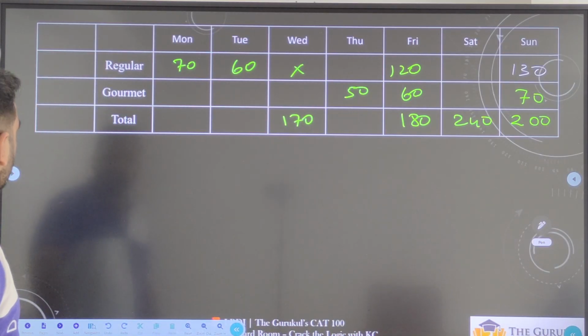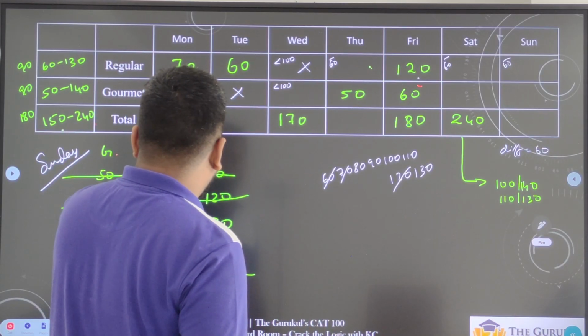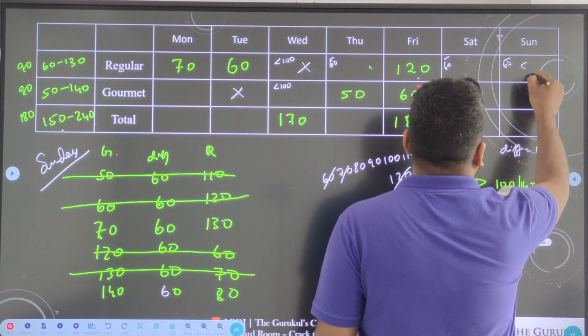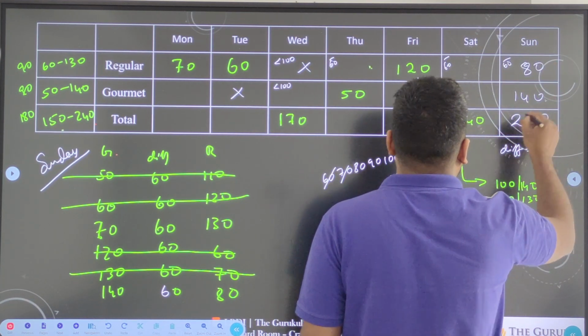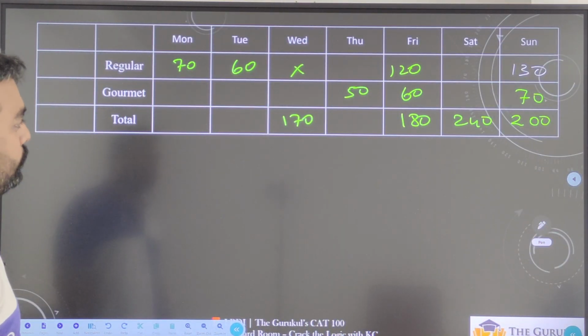These are the two different cases, and in this case let us write we have 140 and 80. Regular is 80, I can take this regular as 80 and this is 140, so this will be 220. These are the two different possibilities we are having.